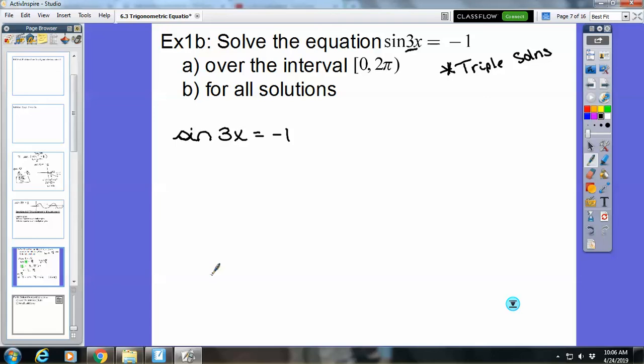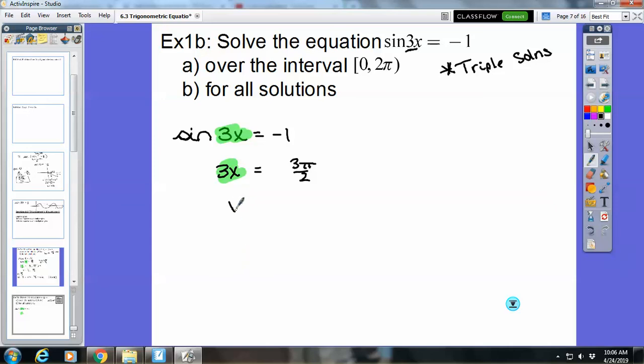Sine of 0 is 0. 270 degrees, which in radians is 3 pi over 2. If you're looking at your unit circle, sine is your y. You're asking yourself when y is -1. 3 pi over 2. So what that means is my angle is equal to 3 pi over 2.